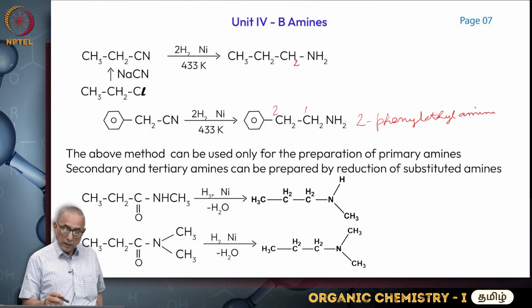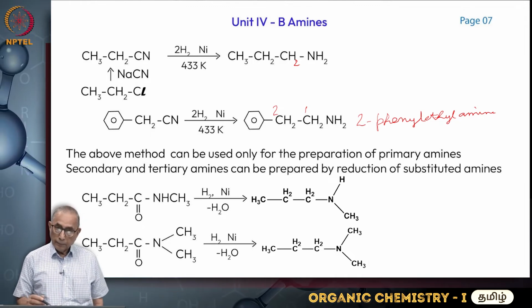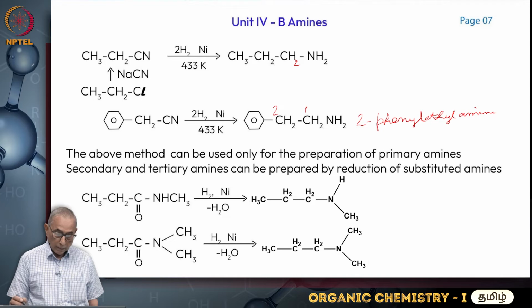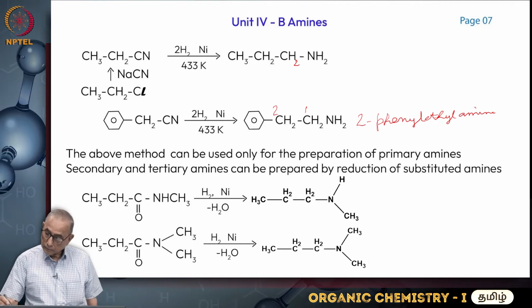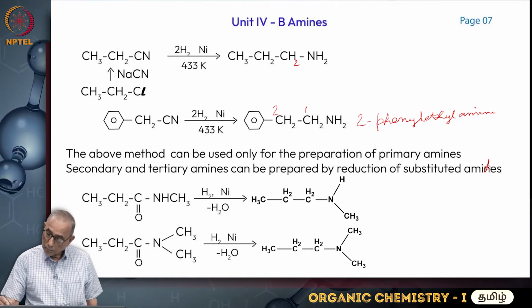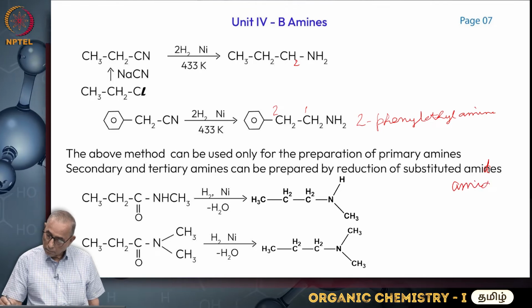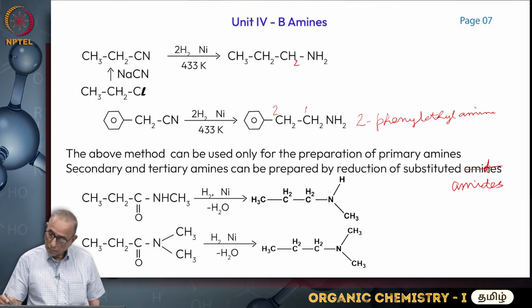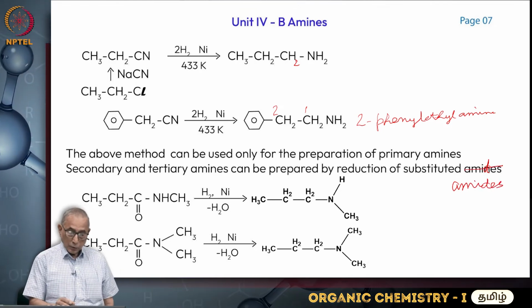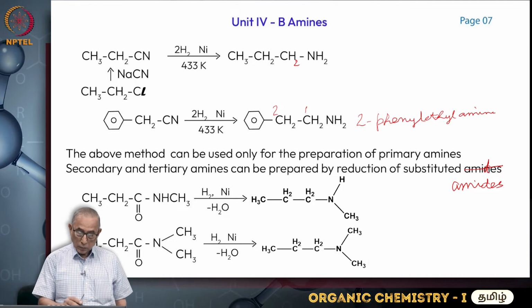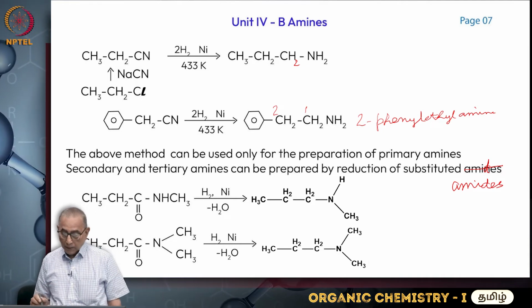Secondary and tertiary amines are prepared by reduction of substituted amides. இதுதான் substituted amides. CH3CH2CONH2 is propylamide.